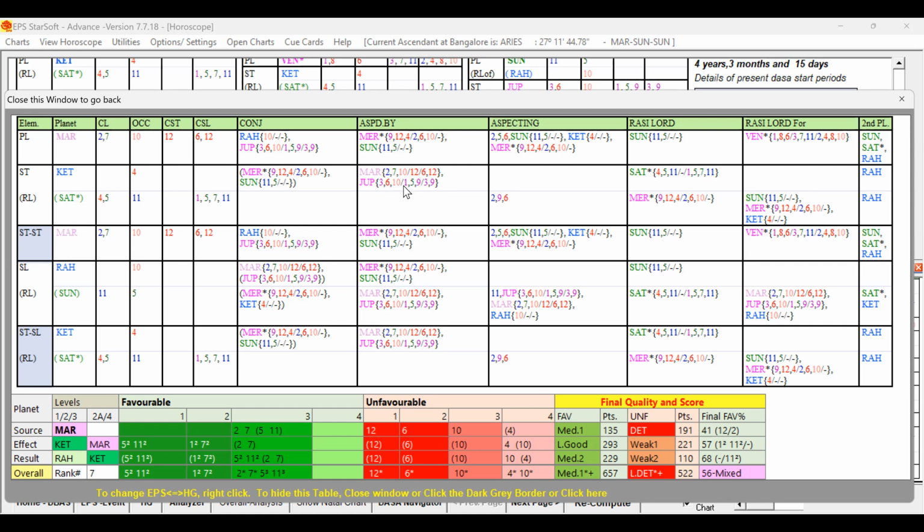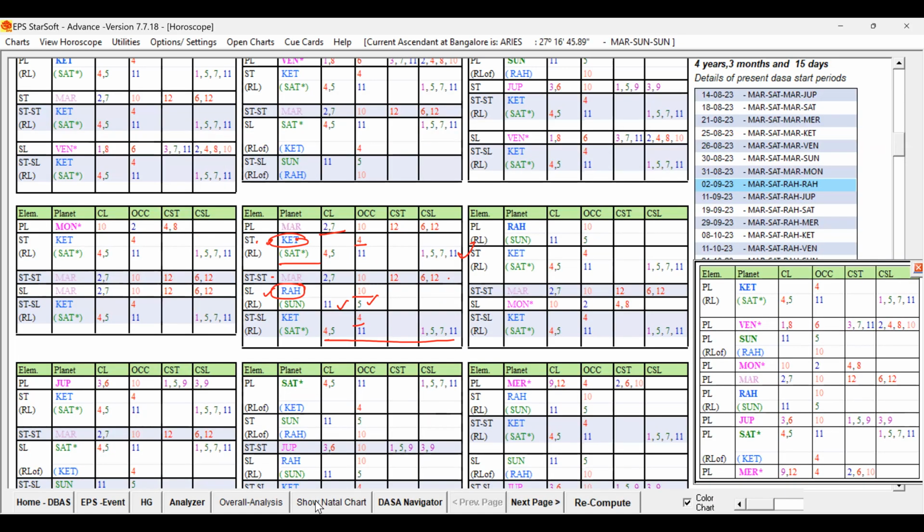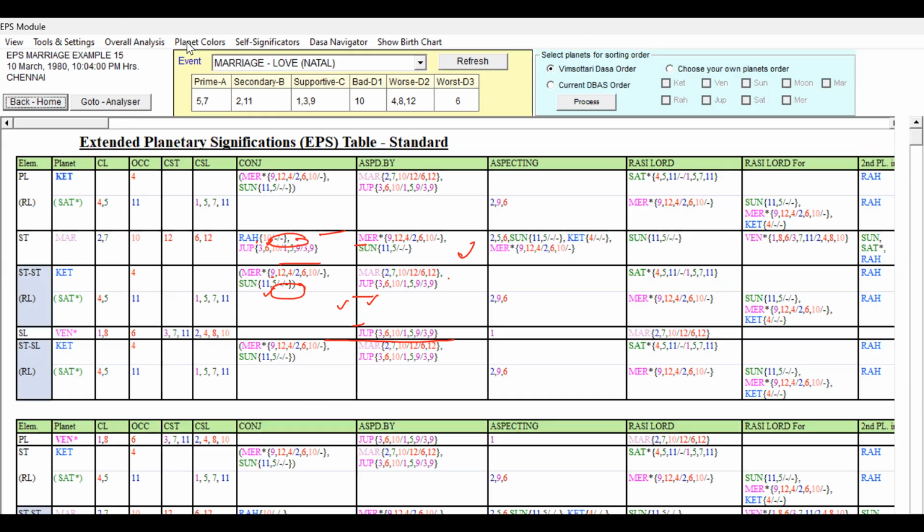Because of 3, 1, 5, 9, 3, 9, it will be difficult to differentiate from other unfavorable ones, because the favorable grouping is on the higher side, especially CST and CSL. So I think we can give Jupiter blue instead of pink. So let us try with the blue. We can change it, not an issue.